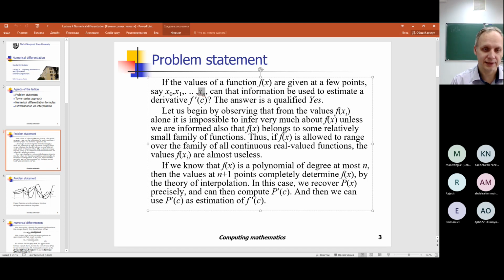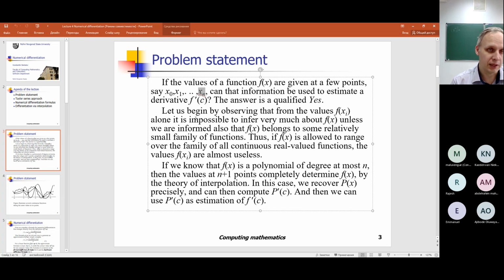If f of x is a polynomial of degree at most n, then the values at n plus 1 points completely define the function f of x by the theory of interpolation.